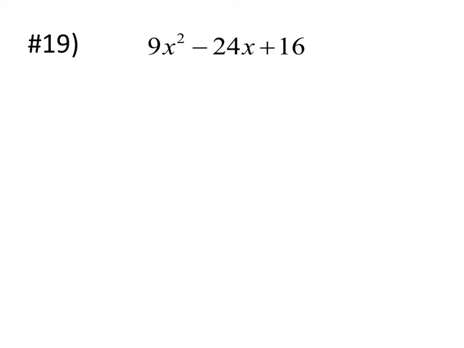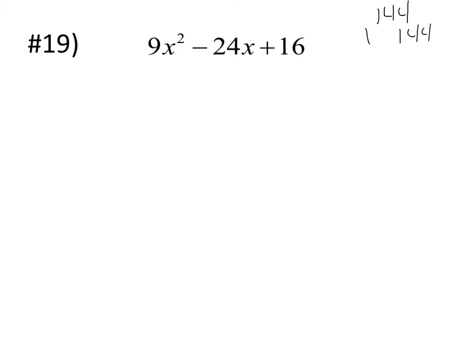Okay. Let's see if these terms have anything in common. They do not. So we're actually going to do regular factoring here. Okay. So the first thing you do is you want to multiply your first and your last term. So that's 9 times 16, which is 144. And then you want to find your factors of 144 that could give you 24.